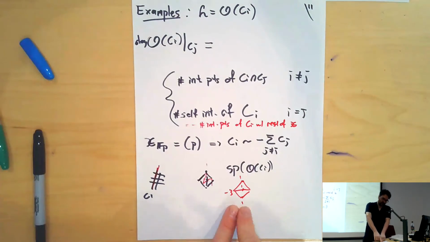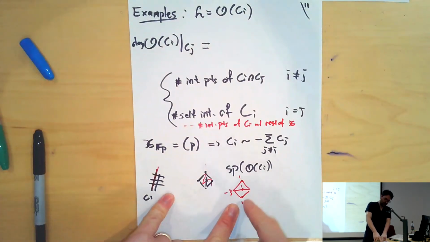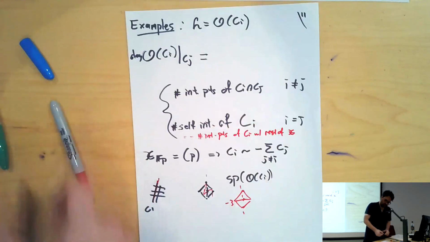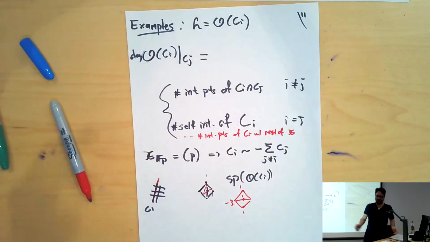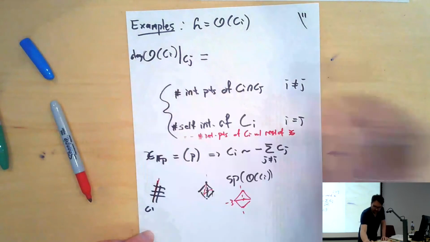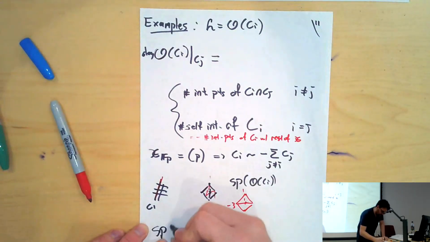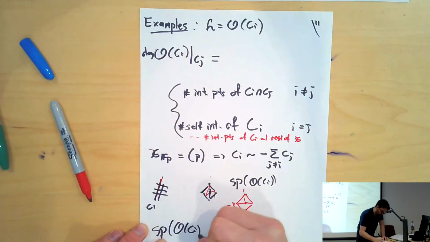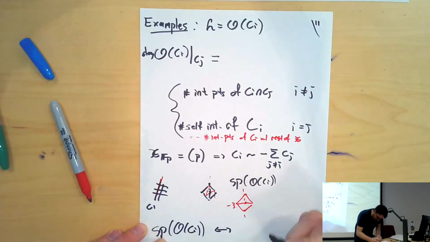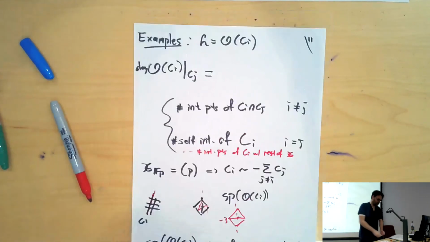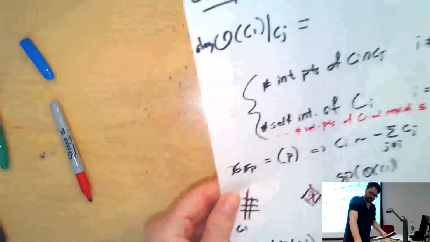So we just saw this divisor. This divisor is the effect on the graph of firing at the vertex 1. So, okay, this is the key to everything. Restricting O of Ci has the same effect as firing at vertex i. So that's suspicious.